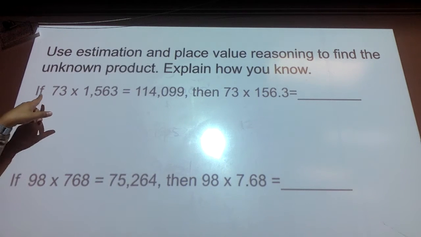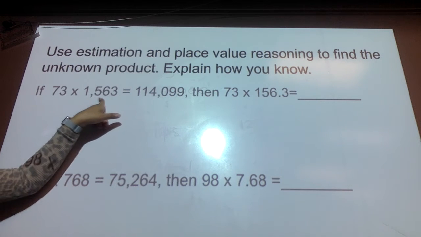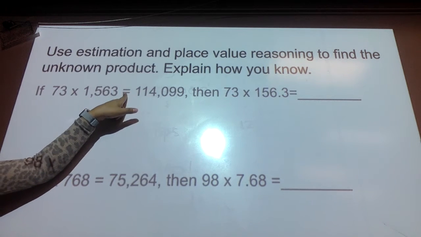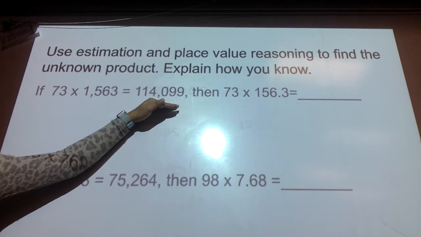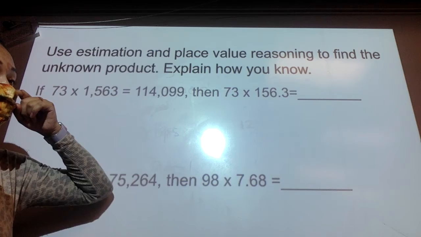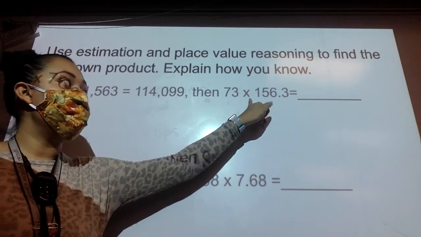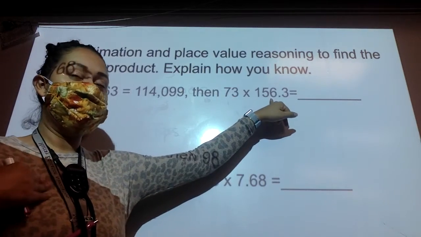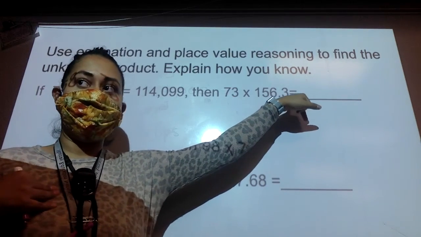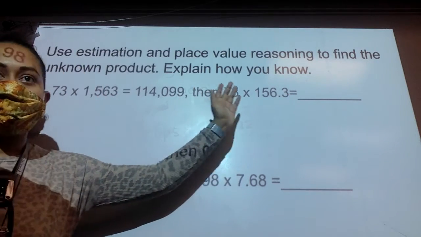Okay, so if 73 times 1,563 equals this, then what is 73 times 156 and 3/10? What is the same about these two problems?